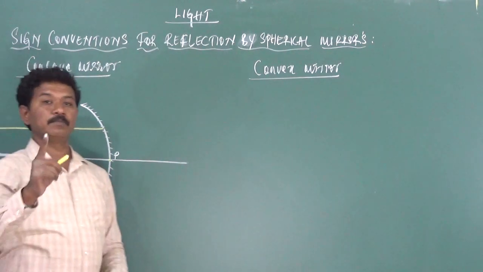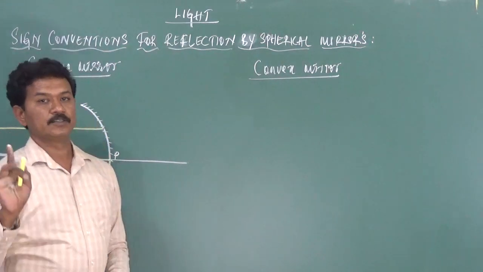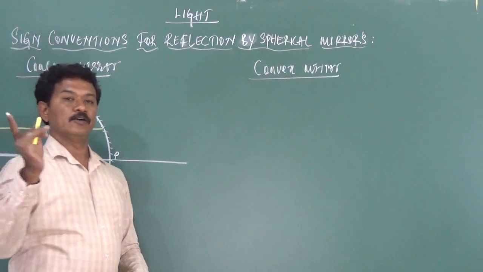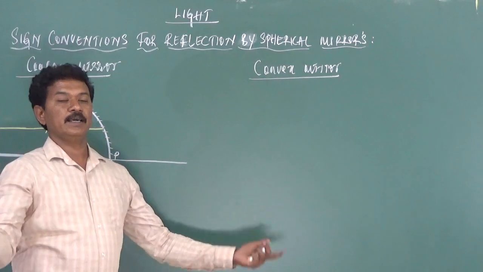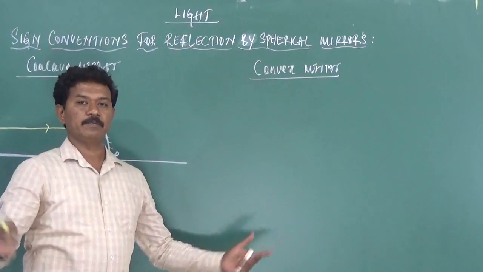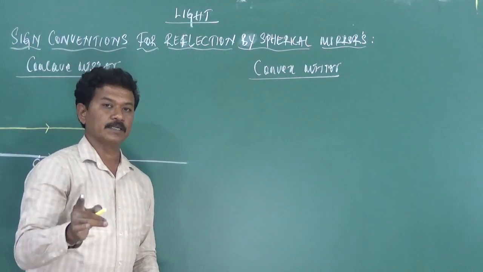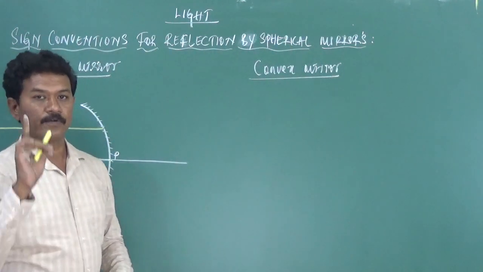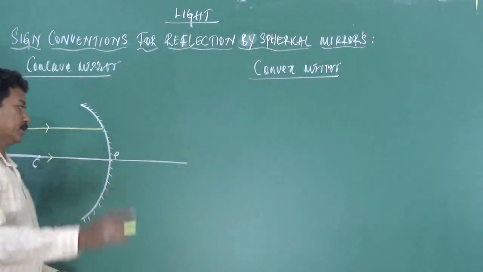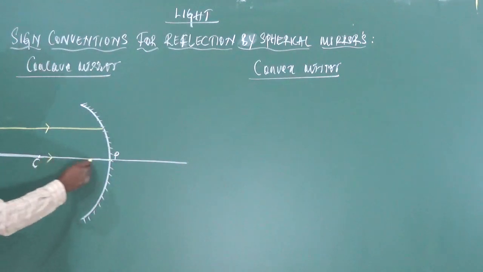This is rule number 1, you have to remember this. Whether it is an object distance or an image distance, whatever it may be, that particular distance will be measured from the pole of the mirror. So all distances are to be measured from the pole of the mirror.